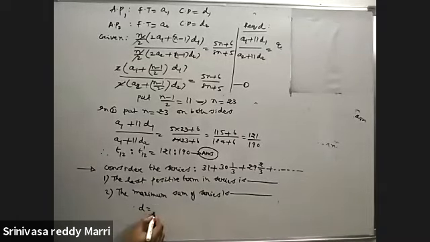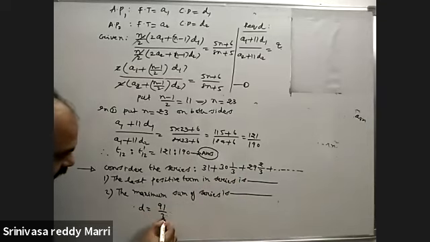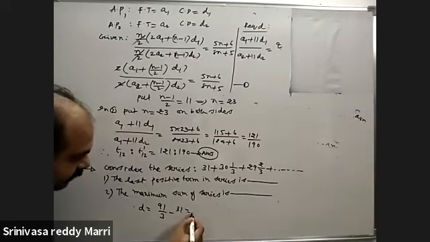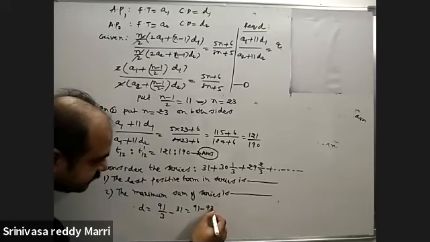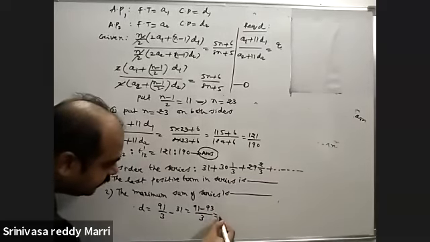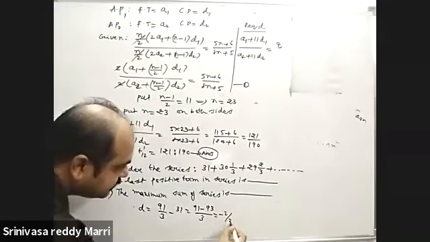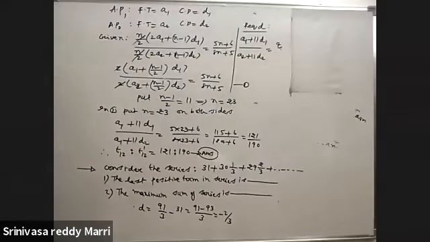What is the common difference? Second term, 91 by 3 minus 31, that means (91 minus 93) by 3. So the common difference is minus 2 by 3.